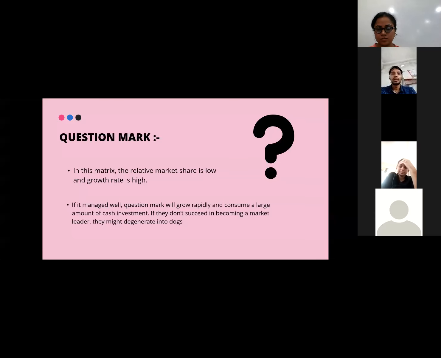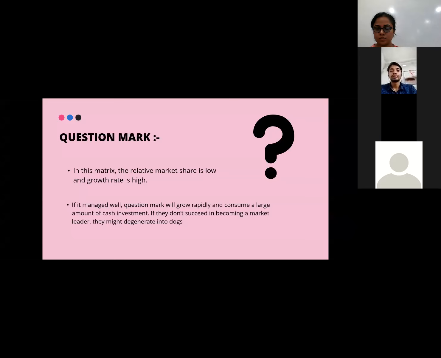If they don't succeed in becoming market leader, they might degenerate into dogs. When market growth declines after years of cash consumption, they have to be analyzed carefully to determine whether they are worth the investment required to grow market share. Mainly in this matrix, the company has to decide whether investment is done or not. The intro of question mark is over.